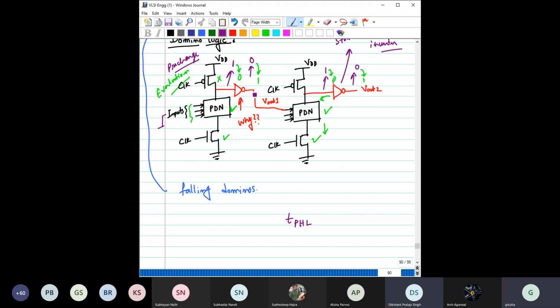This one or this one? So this is the output. When this input is rising, this output falls. Can you give me some example during the evaluation phase when this input is becoming 0 and the output is changing like this, 0 to 1?